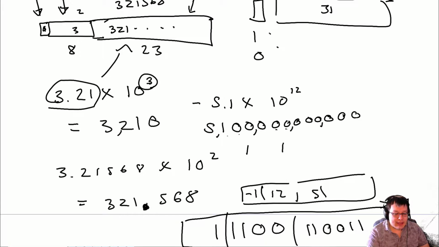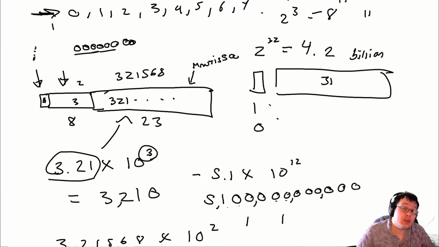You don't have the ability to store every single number from 0 to 5.1 trillion. Some numbers are going to get cut off, especially when you run out with a float. You got only 23 significant digits that you can keep.